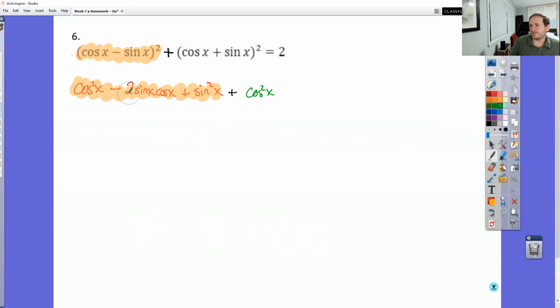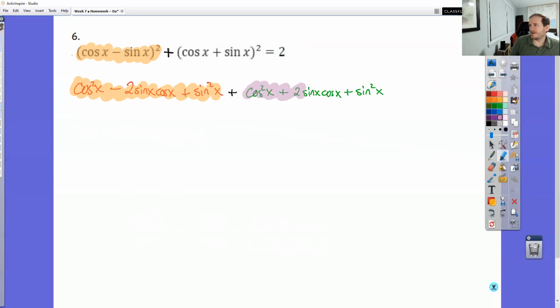So that'll be another 2 sine cosines, but they'll be positive this time. And positive sine times positive sine will be positive sine squared. Yeah, and that's our fully expanded thing.